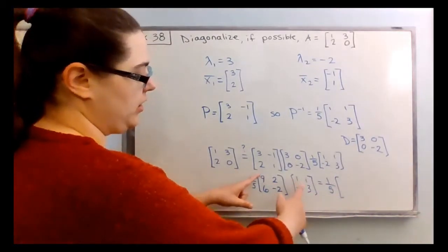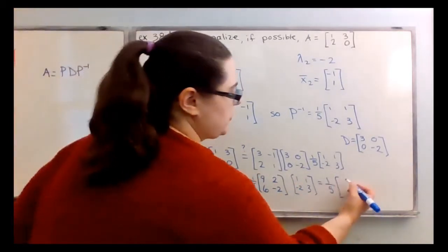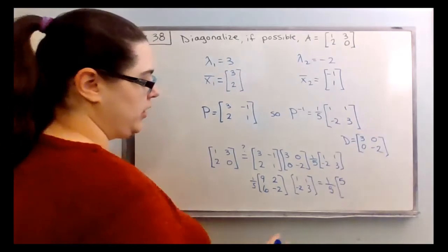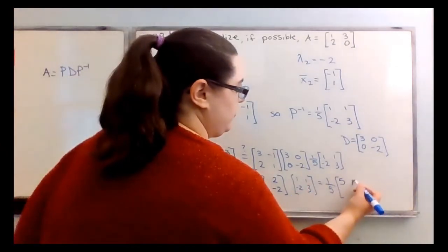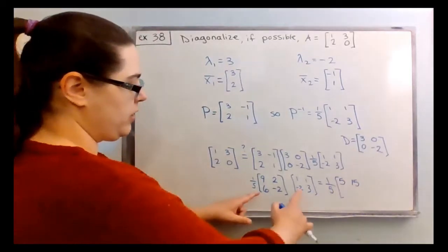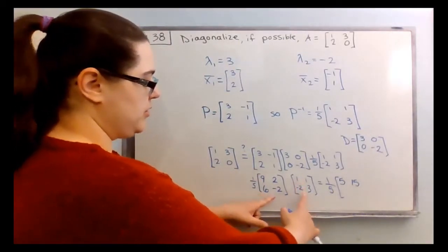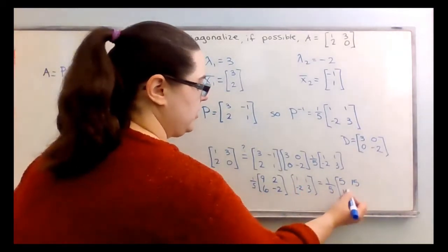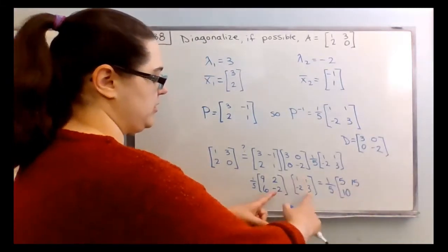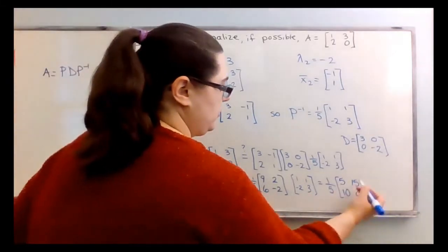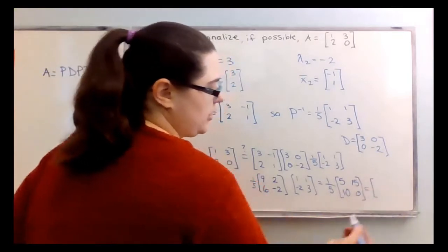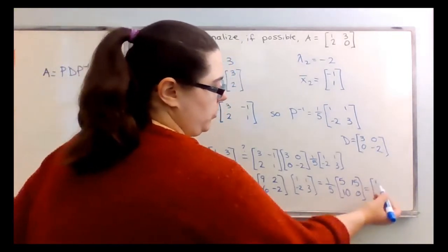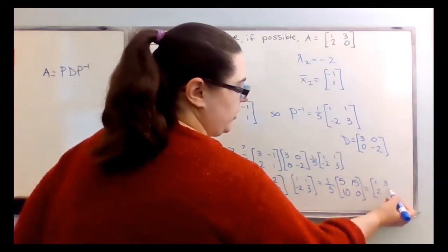We get 9 minus 4, which is 5. And then 9 plus 6, which is 15. 6 plus 4 is 10. And then 6 minus 6 is 0. And when I multiply that by 1/5, I end up with 1, 2, 3, 0.